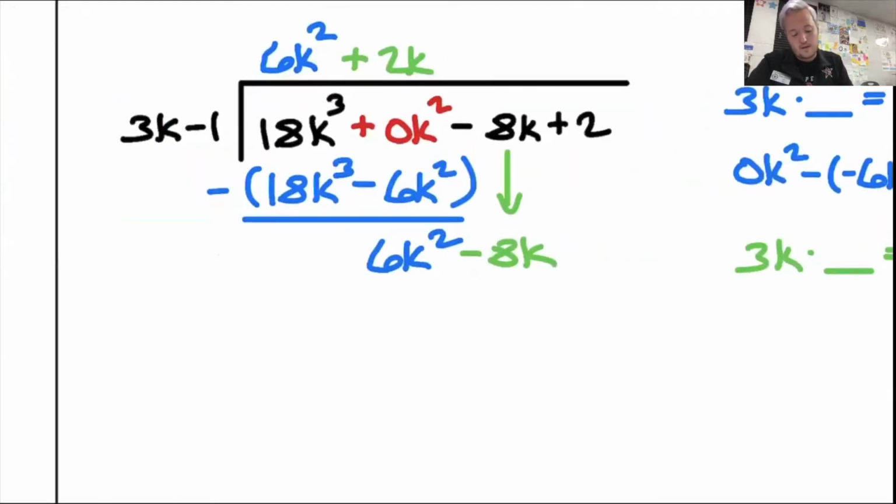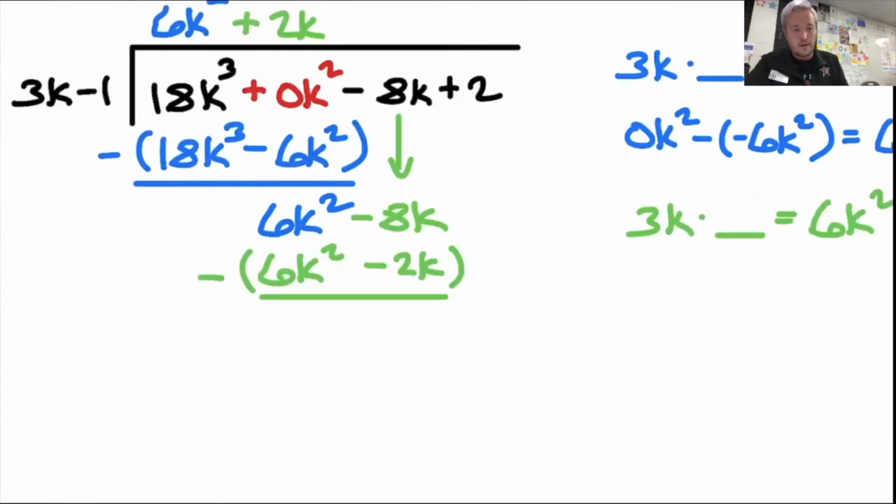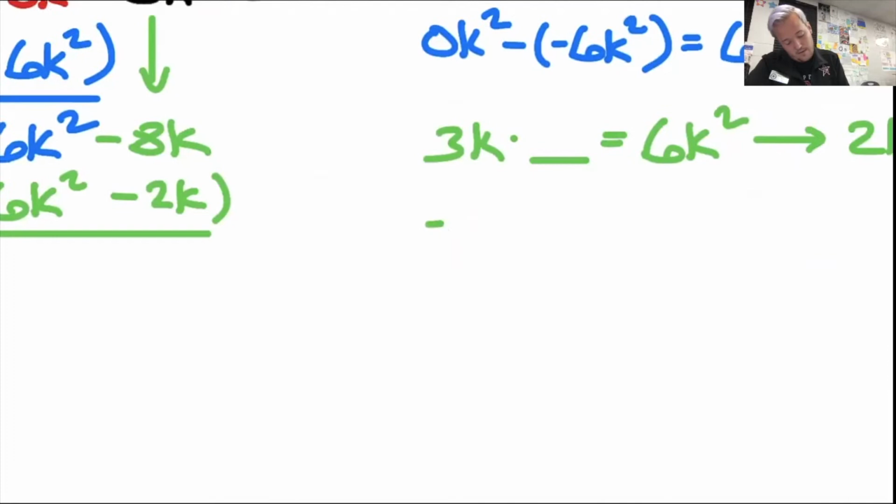Now I want to take 2k and multiply it times 3k minus 1. So I'm going to have 6k squared minus 2k. And then I want to subtract. The 6k squareds are going to zero out. Then we're going to have negative 8k minus negative 2k.